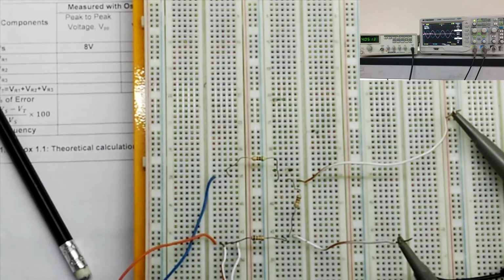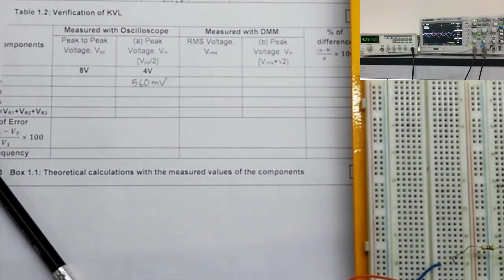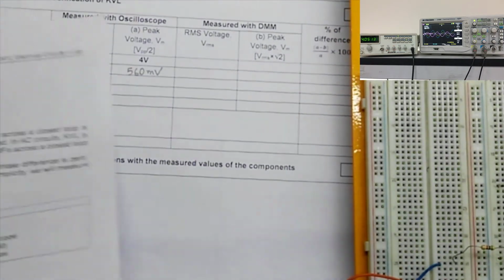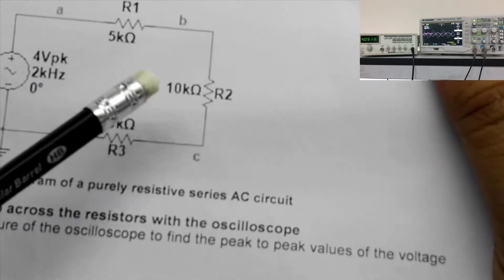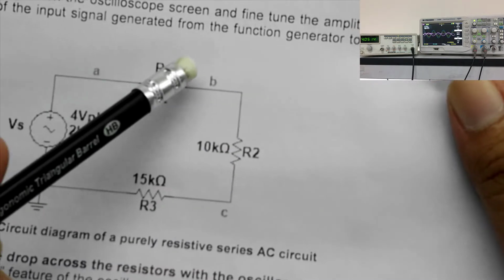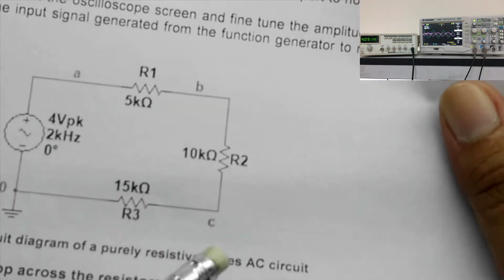So now we have connected our oscilloscope to the required region, and from the circuit diagram we see that voltage of R2 is VB minus VC, which would be channel 2 minus channel 1.